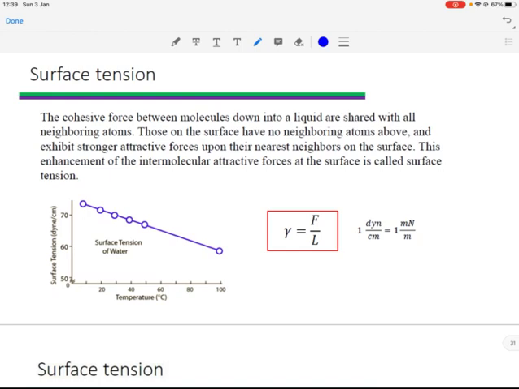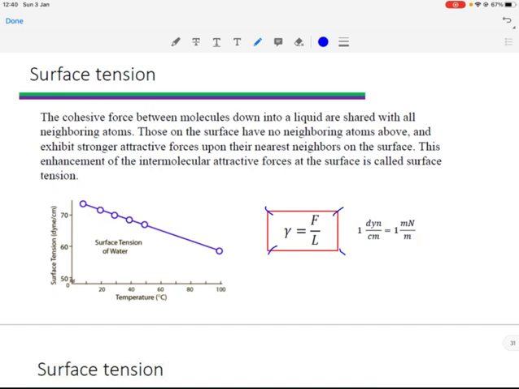When you put water in a glass container, for example, they have a very similar description in terms of mathematical equation, let's say.